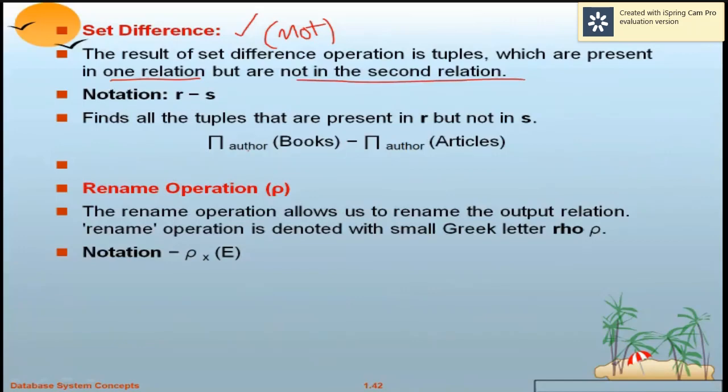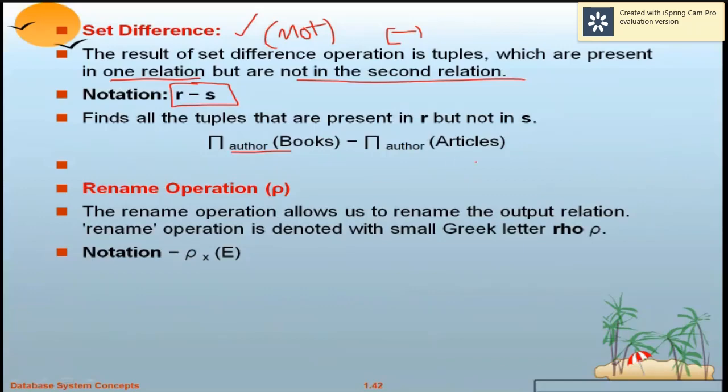You see here, it is represented as R minus S, not in the sense of a minus symbol. So if I write my query as projection of author from books minus projection of author from articles, in that case I'll be getting only the names of those authors who are present in book and not in the article.